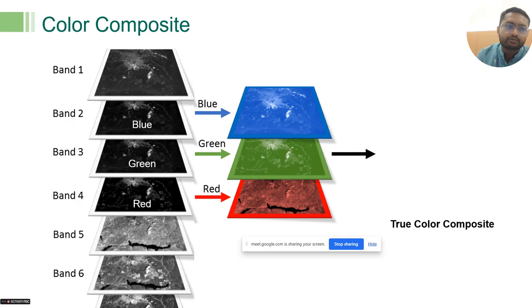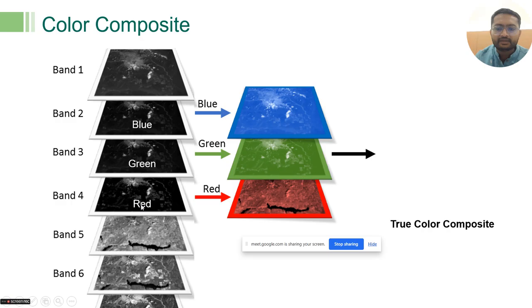Now, when you have to create a composite to visualize the image, you have to take any three bands and put them into what we can visualize. Human eyes can visualize three bands, RGB.